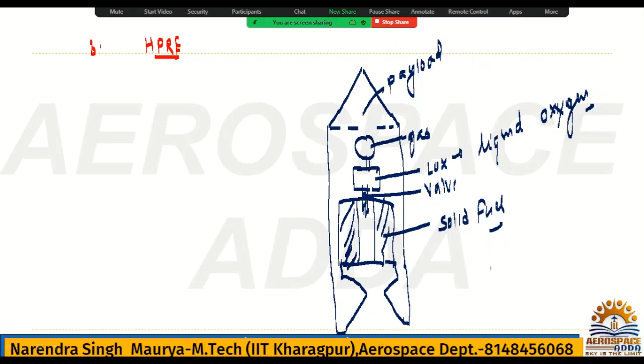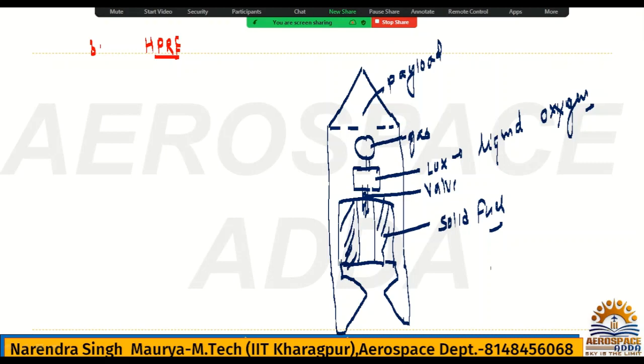Just like a liquid propellant rocket engine, this HPRE also can be reused because we have a controlling system here. It provides greater control over thrust. In solid propellant, you saw there was no control over thrust, but in liquid propellant and in HPRE both, we have greater control over thrust.